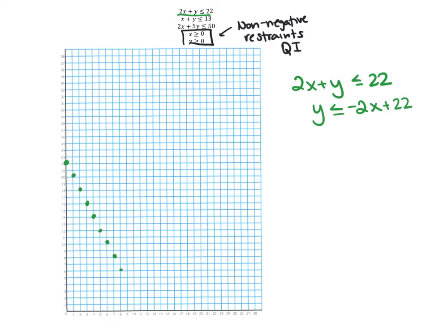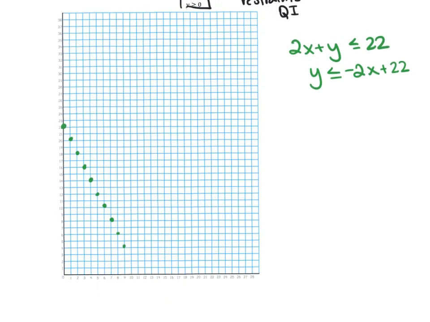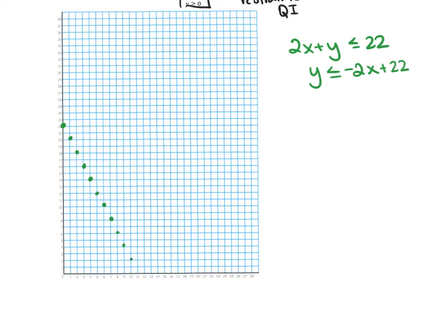And notice I'm getting this line right here. It's a solid line. So we're going to draw in a solid line. I'm going to try to make this line as straight as possible.